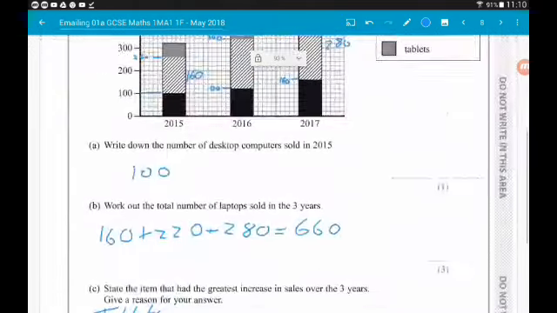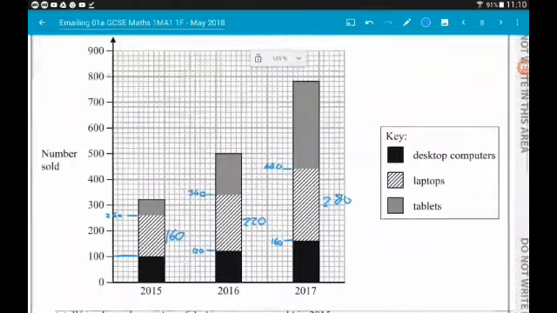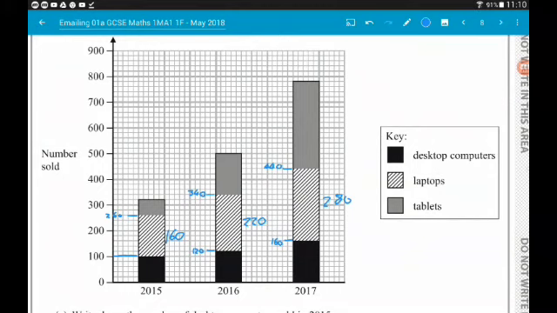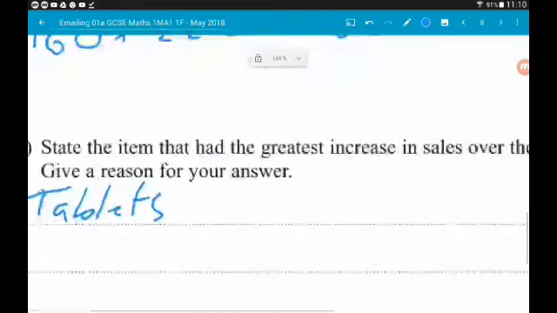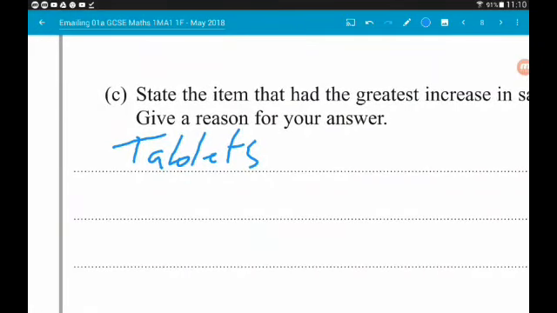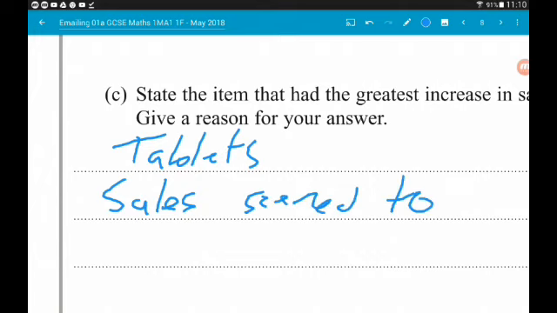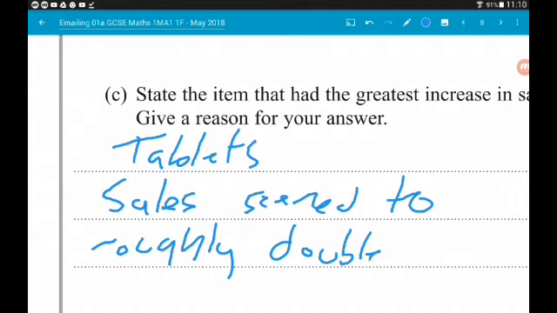Just by looking at it, we can say the sales seem to roughly double each year.